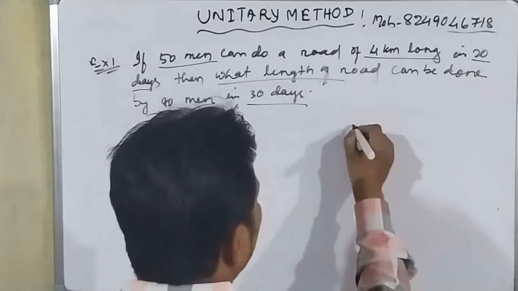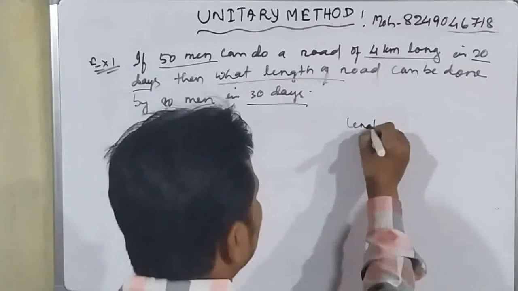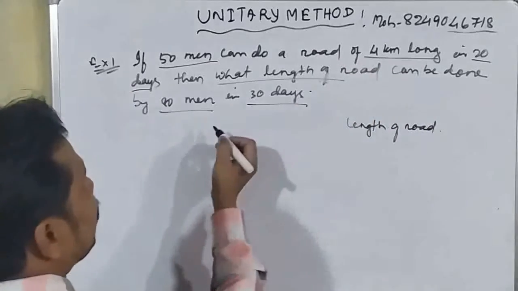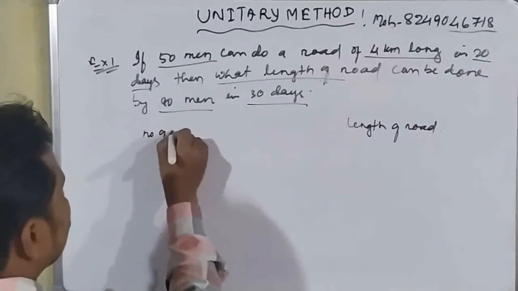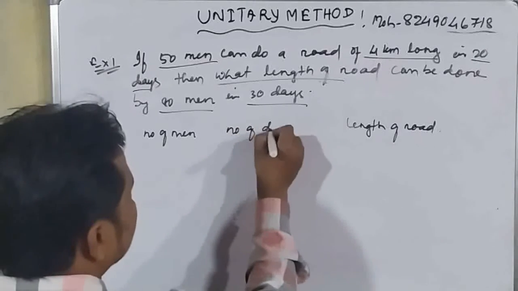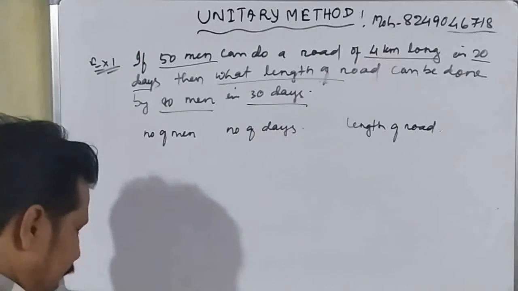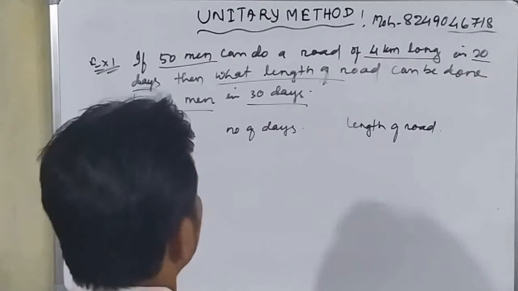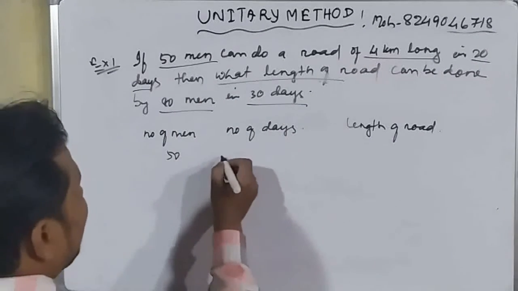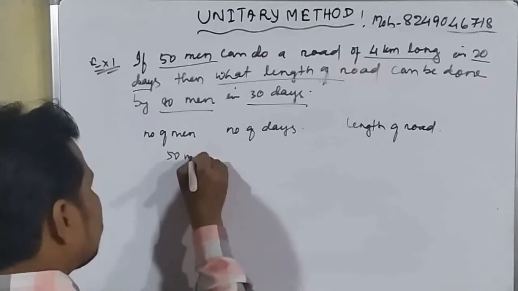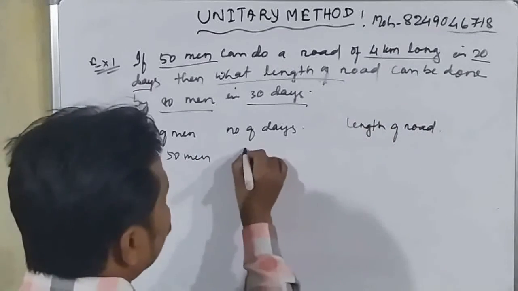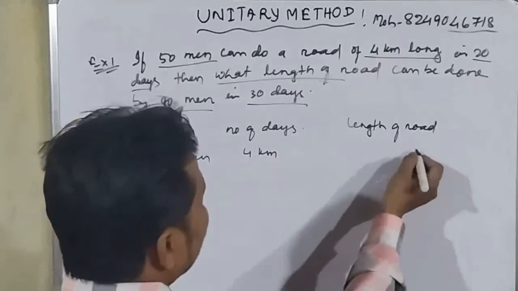So now we are writing: length of a road. And the other two quantities are number of men and number of days. And the length of the road we want to find. So the first statement in the question says that 50 men can do the length of the road of 4 kilometers in how many days?